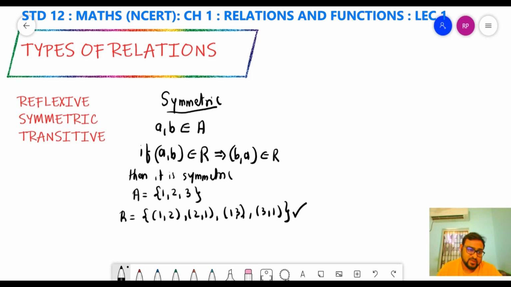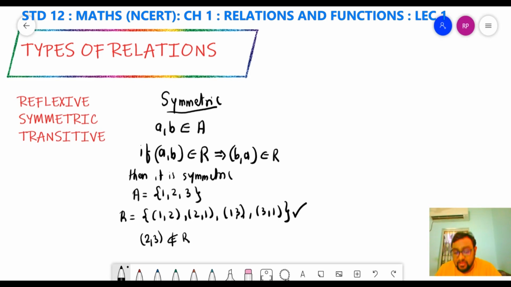See, there is a difference from reflexive. In reflexive we are writing for every a belonging to A. Here it is not for every (a, b), right? See, in this example I have taken (2, 3) and (3, 2), right? If this belongs to R, then it is symmetric. But see, if in this example (2, 3) does not belong to R, then it doesn't matter whether (3, 2) belongs to R or not.